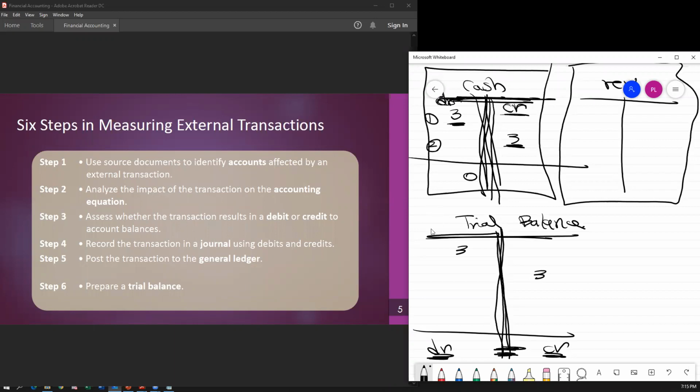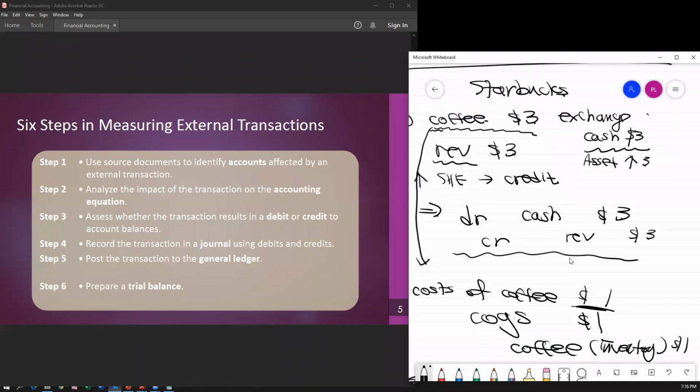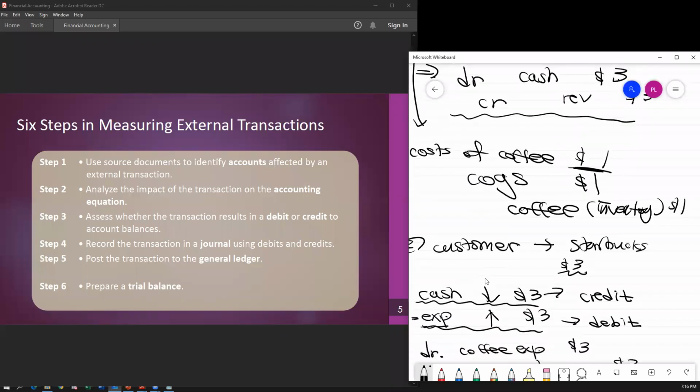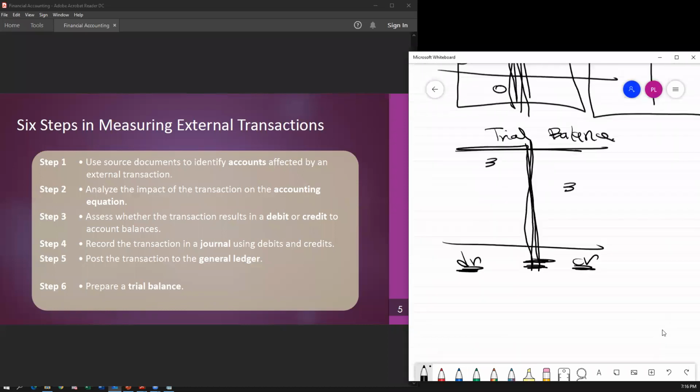We also reported, if you remember, revenue here, credit. We also reported debit expenses. So you report debits and credits. This is expenses. This is revenue.